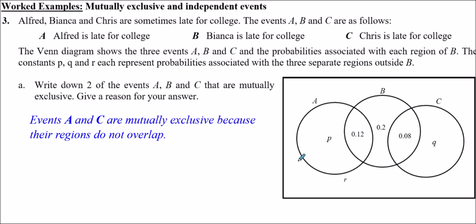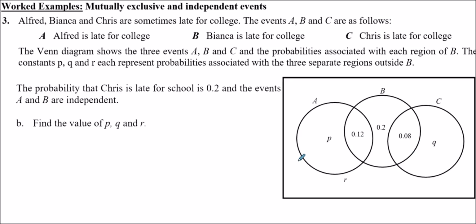Let's have a look at part B next. We're told that the probability that Chris is late for school is 0.2. I'll come to that second, but what I want to look at here is this sentence, that the events A and B are independent. So find the values of P, Q and R. Well, if A and B are independent, we can use the law of independence for probability.